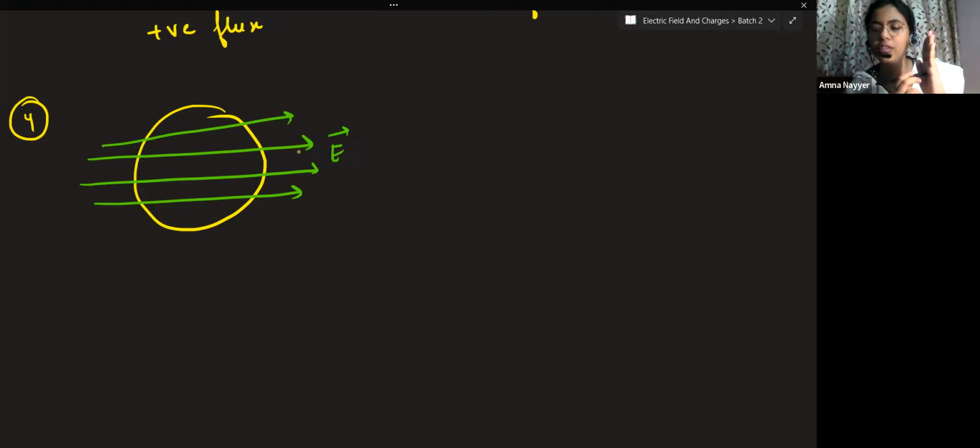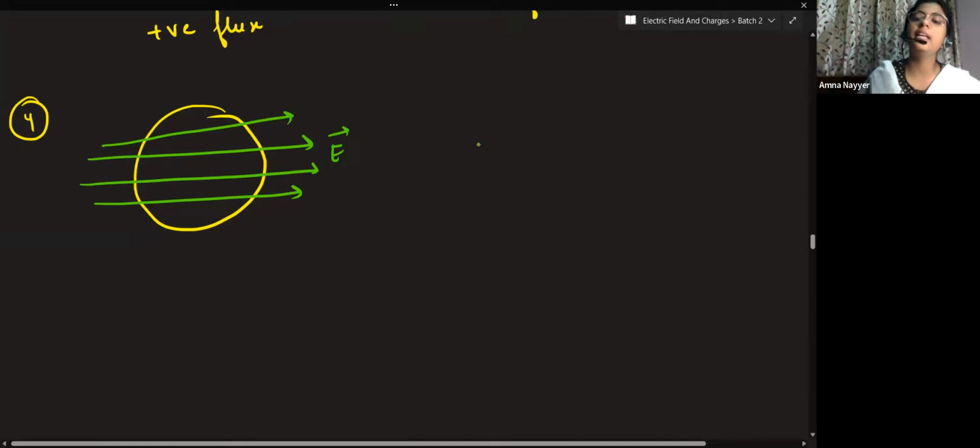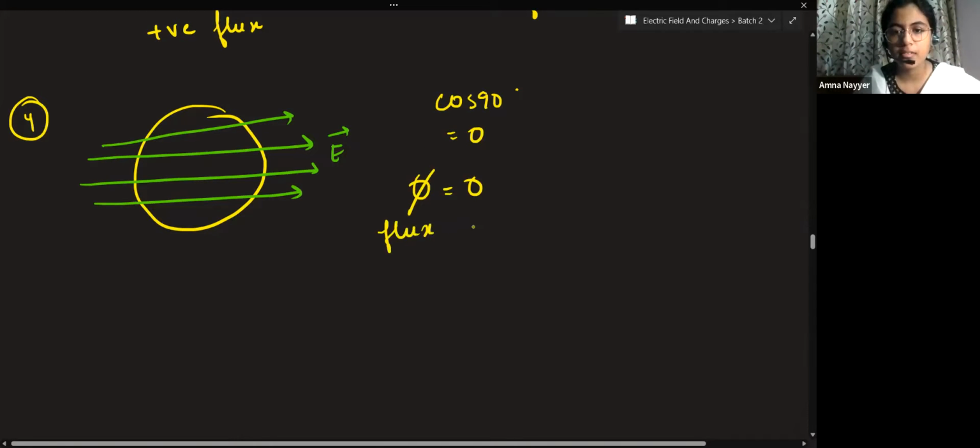This will be the direction of area vector. Electric field is running parallel to the surface. It is crossing it. So what will be the angle? It will be 90 degrees now. Is it clear, Fatima and rest of you? Yes, ma'am. All right. So cos 90 is what? Cos 90 is 0. So that's why you get the flux as 0. So flux will be 0 now.